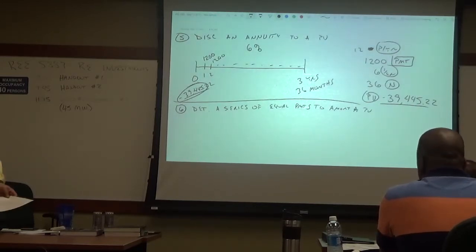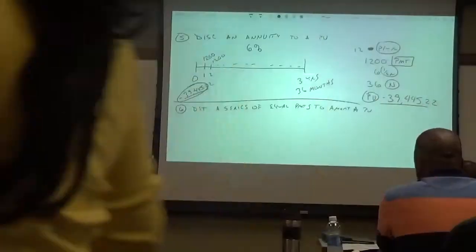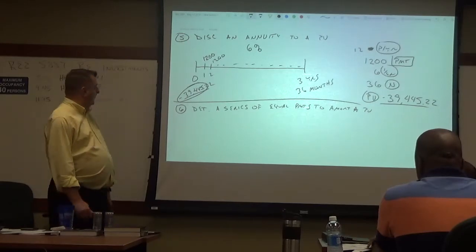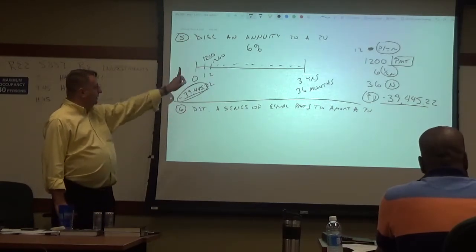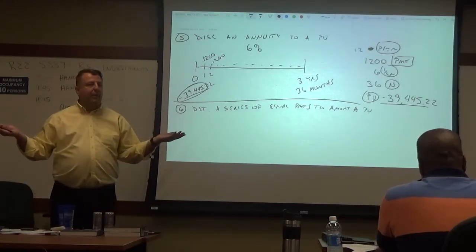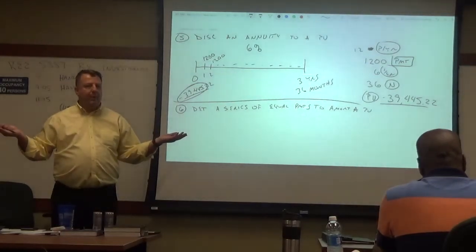What does that sound like to you? Determine a series of equal payments to amortize a, what? It's like a mortgage payment or a car payment. That's all we're doing, okay?